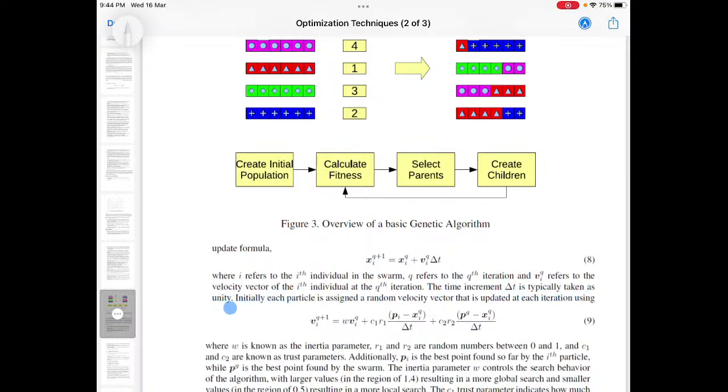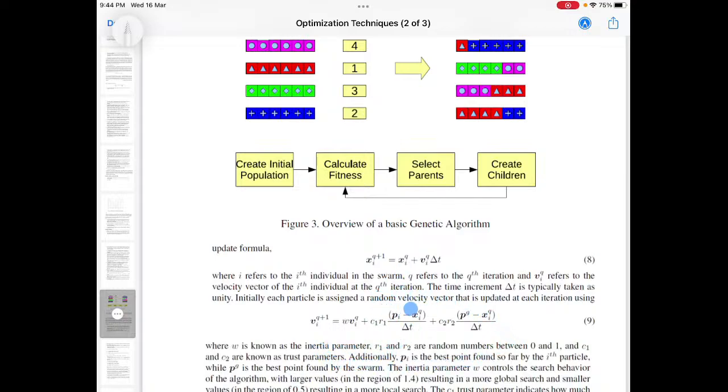Initially, each particle is assigned a random velocity vector that is updated at each iteration using v_i^(q+1). So here we can calculate v_i^(q+1).